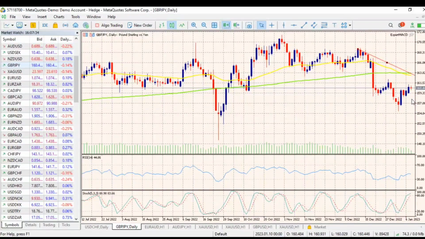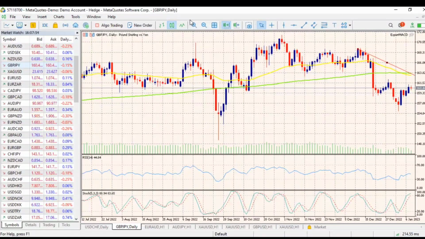This is a GBP/JPY chart. If anyone has an account, you can put your trade in GBP/JPY with a 0.01 lot, if you are an older trader.